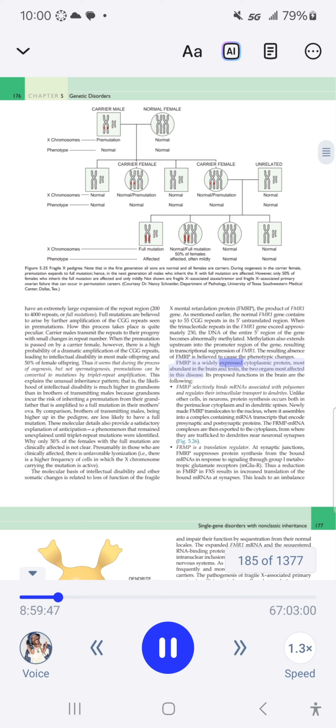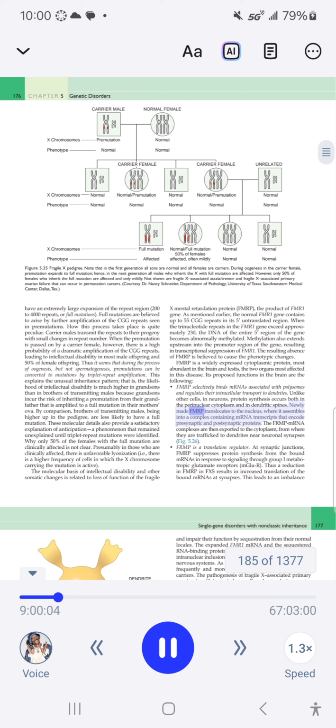FMRP is a widely expressed cytoplasmic protein, most abundant in the brain and testes, the 2 organs most affected in this disease. Its proposed functions in the brain are the following. FMRP selectively binds mRNAs associated with polysomes and regulates their intracellular transport to dendrites. Unlike other cells, in neurons protein synthesis occurs both in the perinuclear cytoplasm and in dendritic spines.